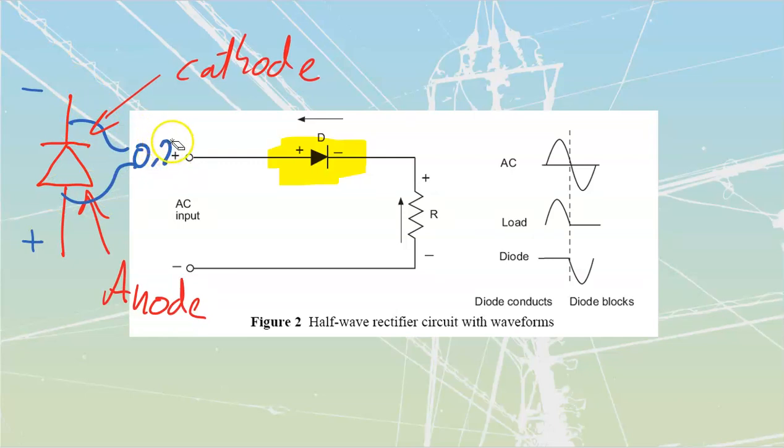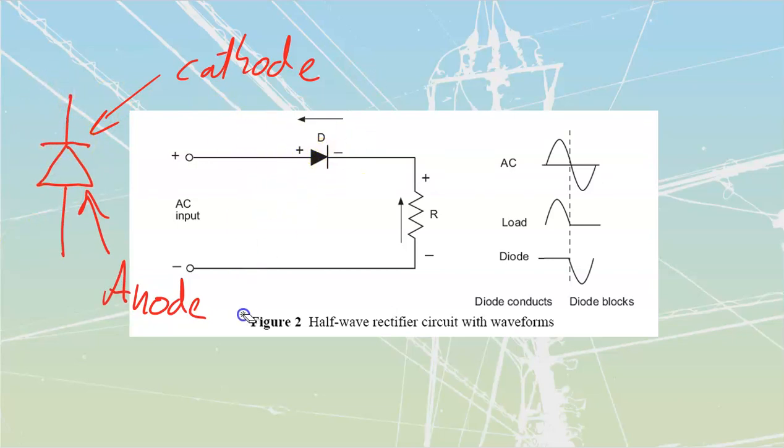We call it the forward voltage drop. If I reverse the direction of voltage, stick a positive there and a negative over there, then this thing is going to block. So we're always looking for conduction, and we're always looking for a negative on that cathode.